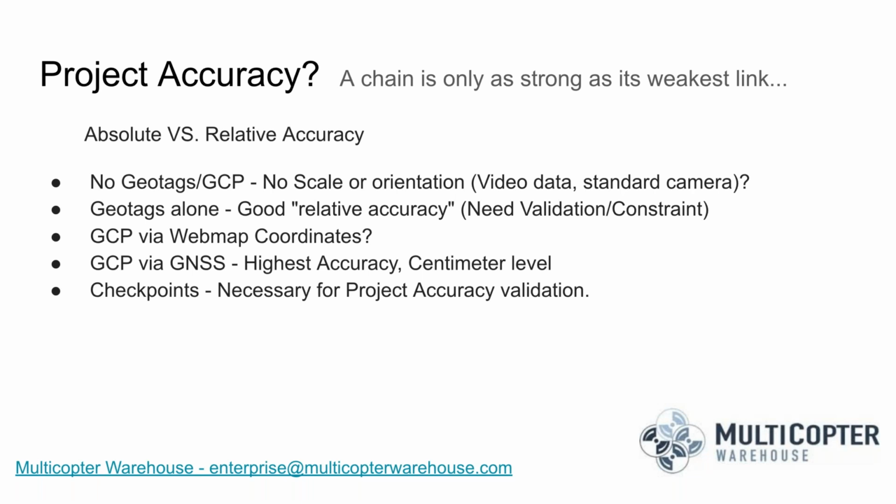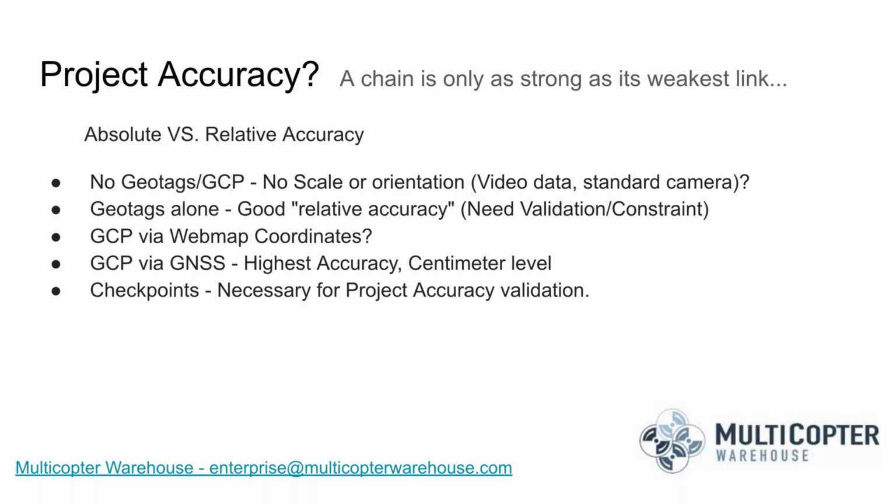Now, another time you'll see this phrase, absolute versus relative accuracy, is when it comes to positioning your map on the planet. With relative accuracy, you'll get your map, and it will probably match up pretty well with what you'd see on Google Maps.